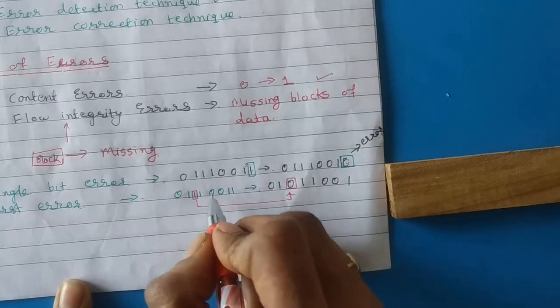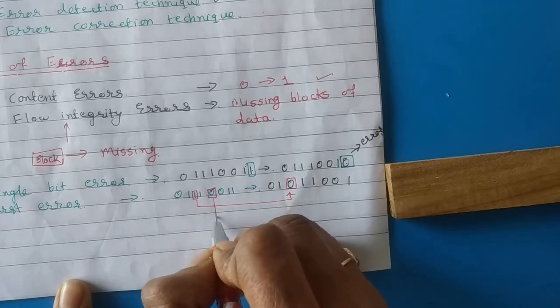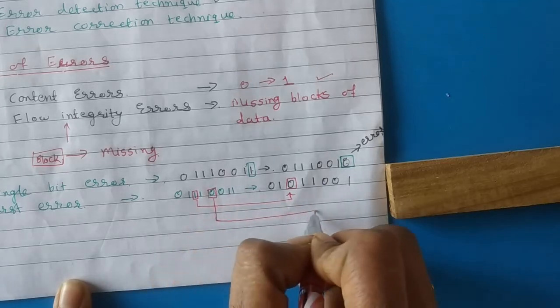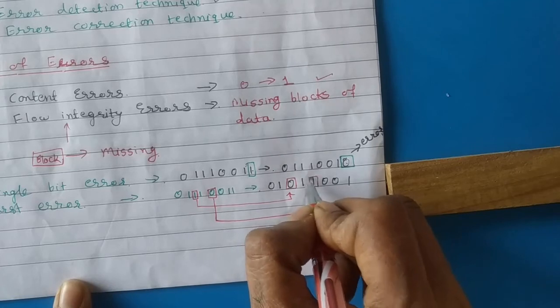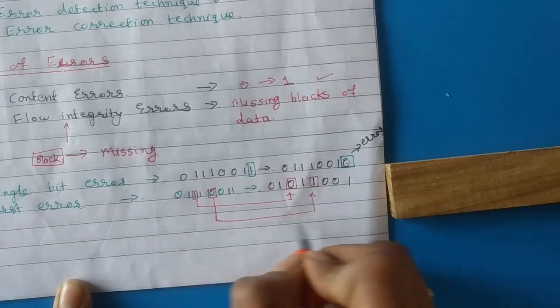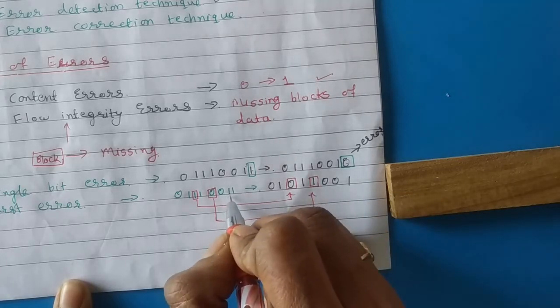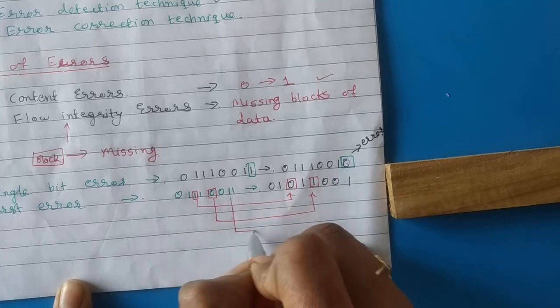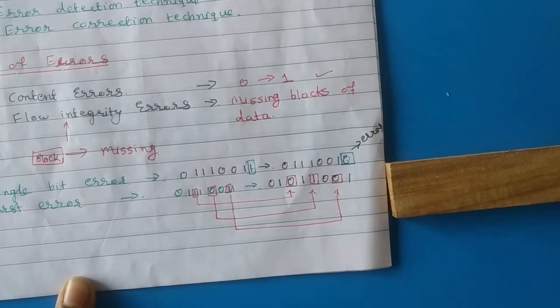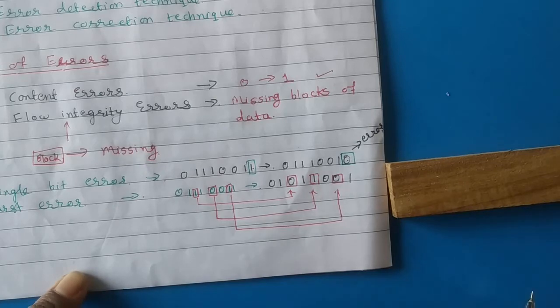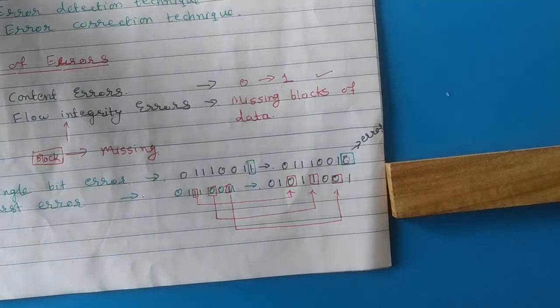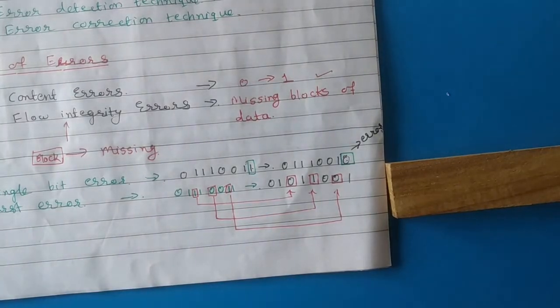Then this 1 is correct, but this 0 is again received as 1. This 0 is correct. This 1 is received as 0 again. And this 1 is correct. So there is an error in 3 bits. So this is the burst error.